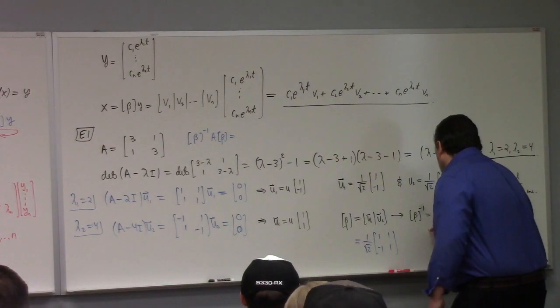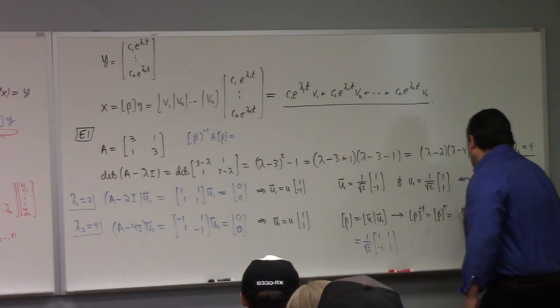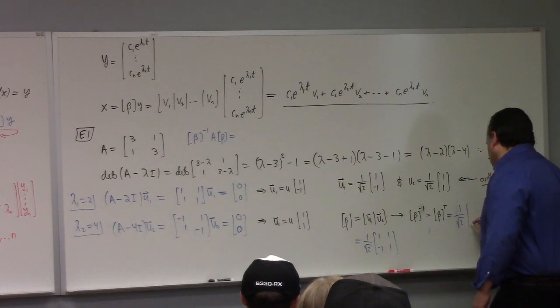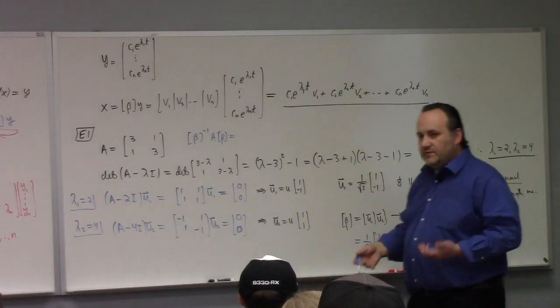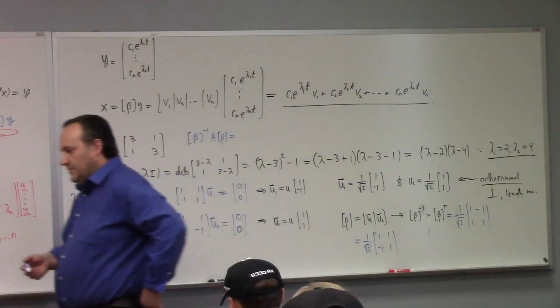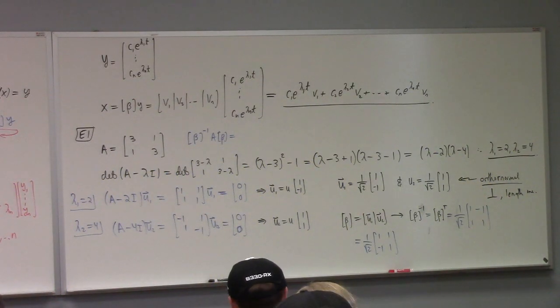And beta transpose we can write as what? 1 over the square root of 2 times 1, 1, minus 1, 1. Might as well pull the 1 over the square root of 2 out. Why? Because it gives me no joy to write 1 over the square root of 2 eight times. Instead of writing it eight times, I just wrote it two times.